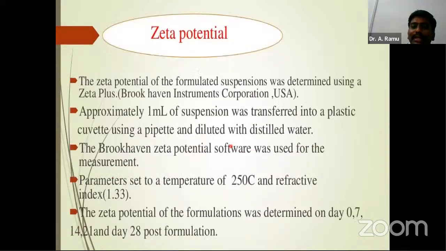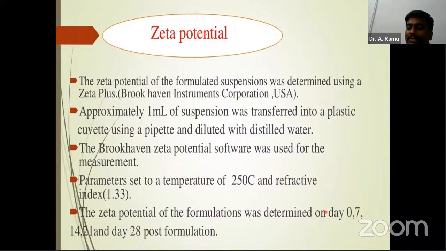Here, to determine the zeta potential, we use two operators, that is microelectrophoresis or zeta plus operators. Approximately, place 1 ml of the sample into a plastic cuvette using a pipette, and dilute that sample with distilled water. You have to measure the zeta potential at 25 degrees centigrade and at a refractive index of 1.33 on the 0th day, 7th day, 14th day, 21st day, and 28th day after the formulation.